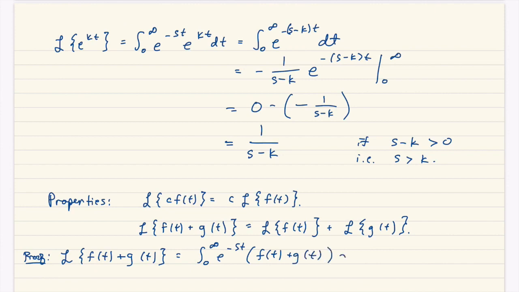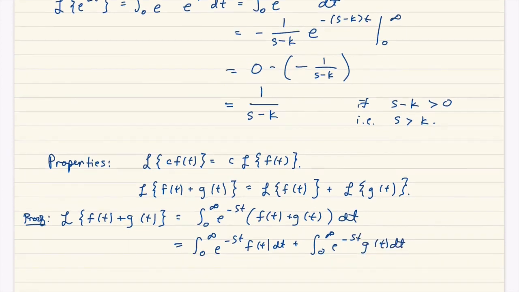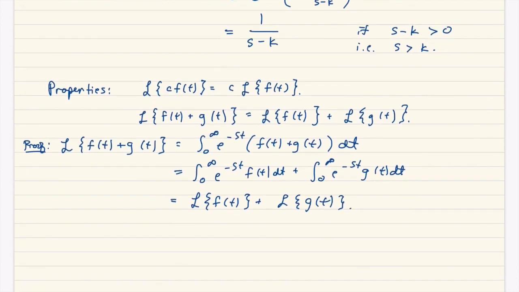Based on what we know about integrals, you can distribute the e to the negative st, get a sum in the integrand, and separate this into two integrals: the integral of e to the negative st f dt, plus the integral from 0 to infinity of e to the negative st g of t dt. That's nothing more than the Laplace transform of f plus the Laplace transform of g. It's always nice to see a proof if necessary, but that's it. You just write it out, it works, everything is good.